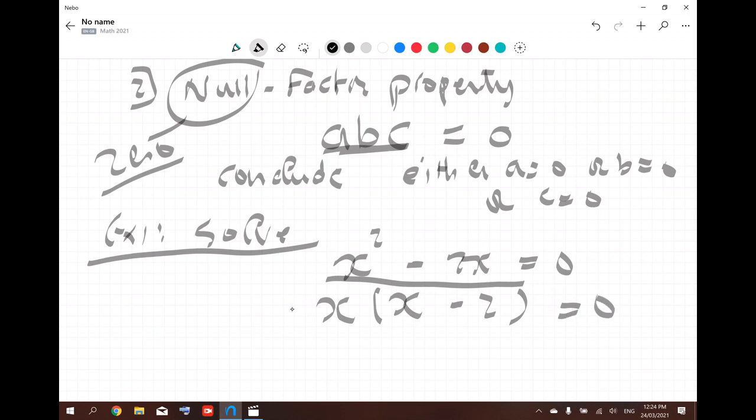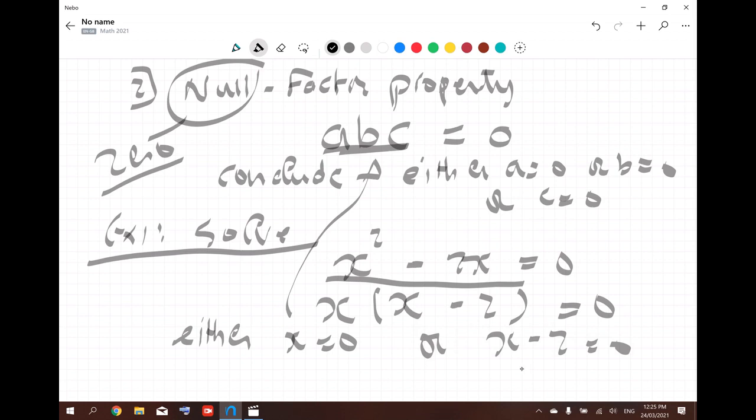Now, can we use that property? Two factors when multiplied give 0. I can then simply conclude that either x is equal to 0, and this is one solution, or x minus 2 must be equal to 0, and for this to happen, x must be equal to 2.